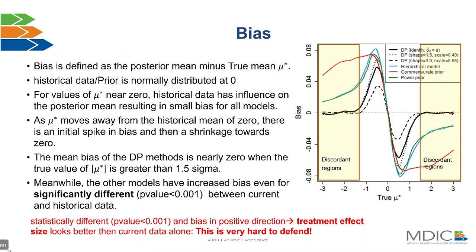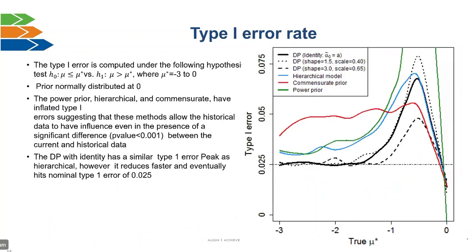That's what we show here: when there's a p-value of 0.001 that the prior and the current data don't match, this creates a bias in the direction of keeping the treatment, and that just adds distrust to the clinical study as a whole. So that's why the discount prior seems to work well.